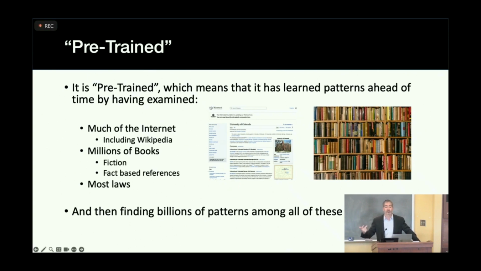So that's the process of pre-training. We'll see that's this very expensive process of getting the AI to learn the patterns of human thought and language. So that's the P in GPT.